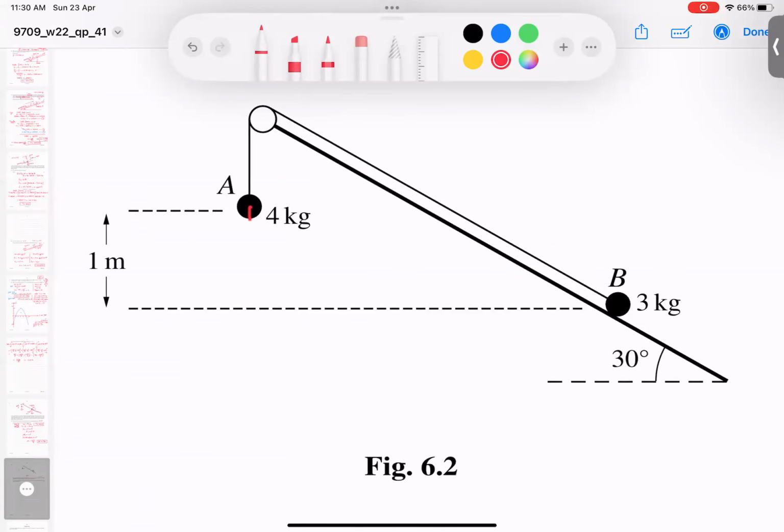Let's say it falls some distance, x meters below. I don't know, let's say this is the distance when they meet. Meeting means it comes to the same level. So this is another triangle. You can see from here 90 degrees, and this is 30 degrees for sure. So this is x, very clear.